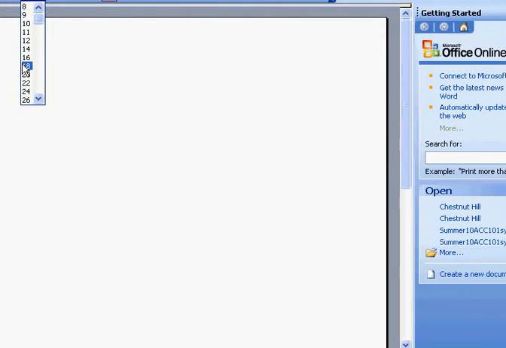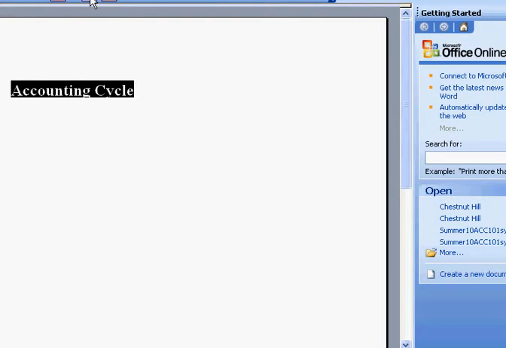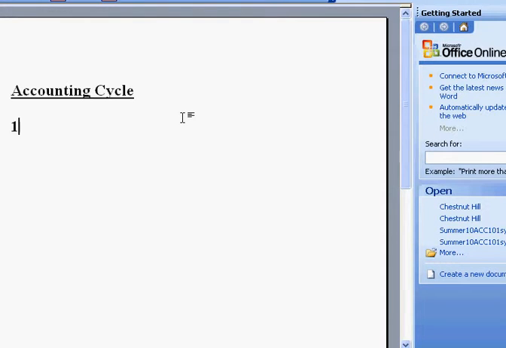Let's make it big. Okay? The accounting cycle. And this is for any business, whether it's someone running a business out of their home by selling stuff on eBay, or it's the same process for a multinational company like Walmart or Exxon.